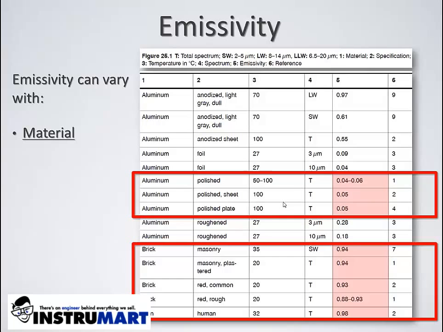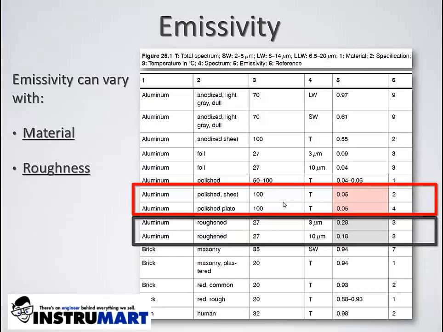For example, from the table, we see that different materials have different emissivity values. We see both brick and human skin are better emitters than aluminum. Brick and human skin have emissivity values greater than 0.9, and aluminum, in this case polished aluminum, has an emissivity value less than 0.1.